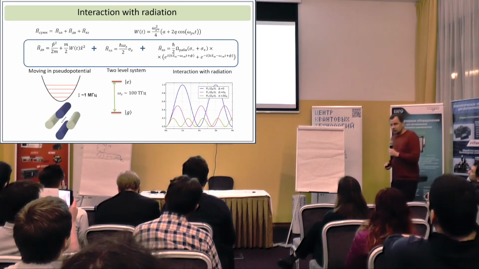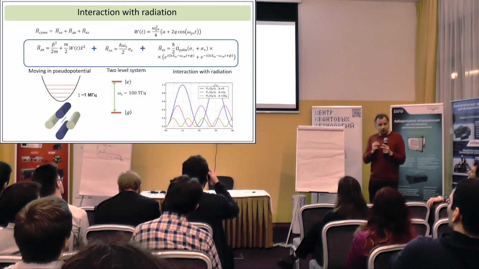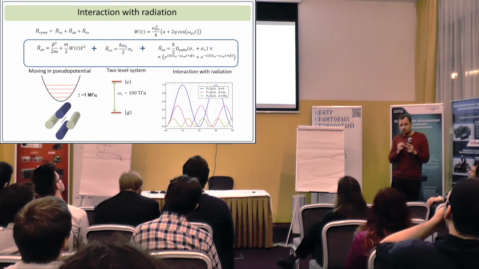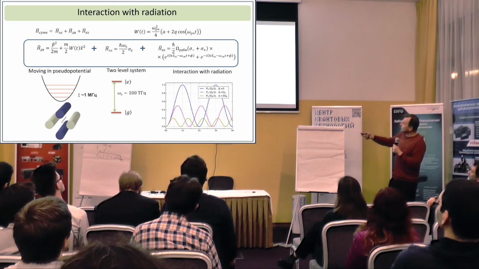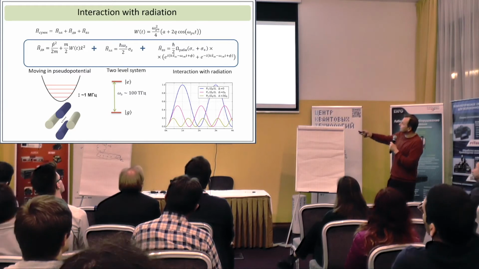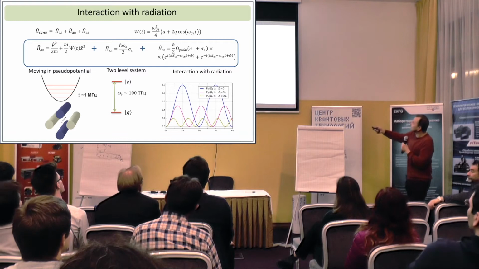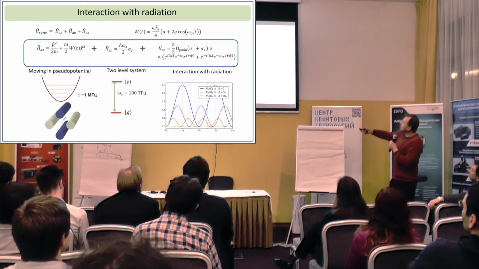We add interaction with radiation, so we have a trapped ion which already undergoes the electromagnetic force because of the electromagnetic field. We see that there is a part which depends on time and on our radio frequency. We add the interaction with the internal state of the ion.